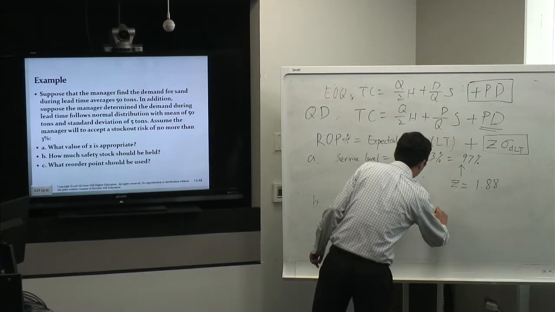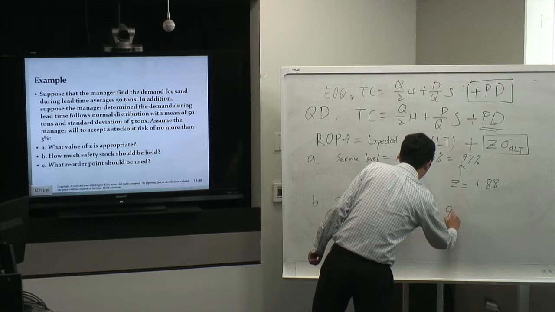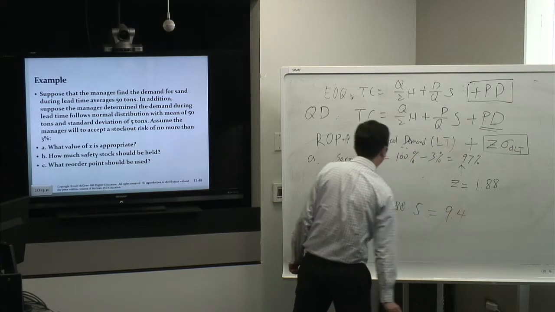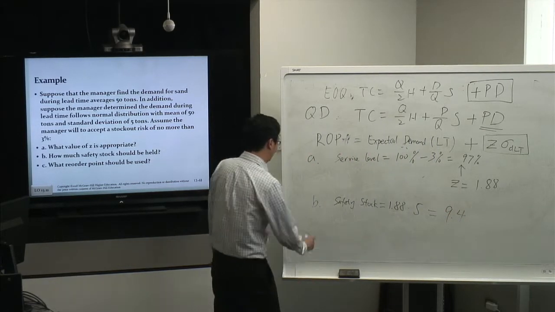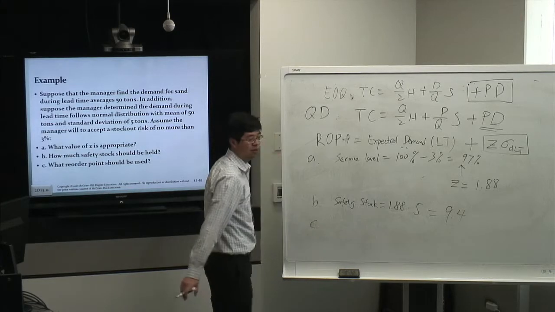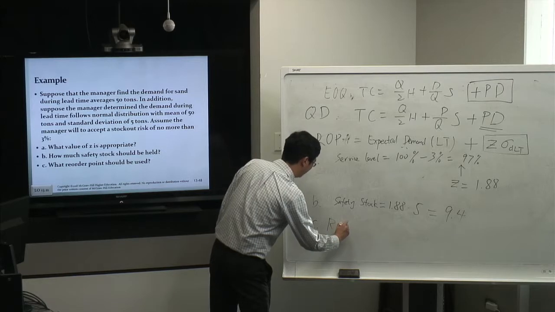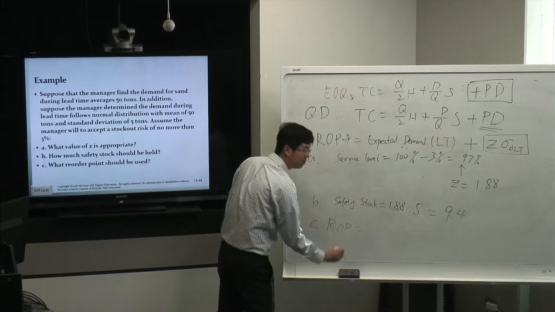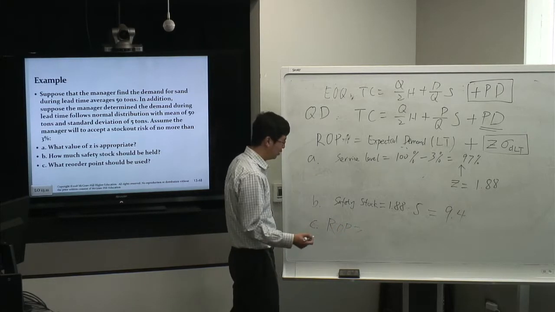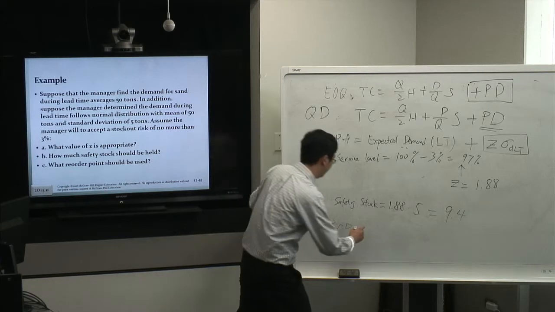9.4, right? Am I right? Part C. Anybody can tell us what is the reorder point now? Very straightforward. 59.4. Yes. How do you get that? Gerard? 50.